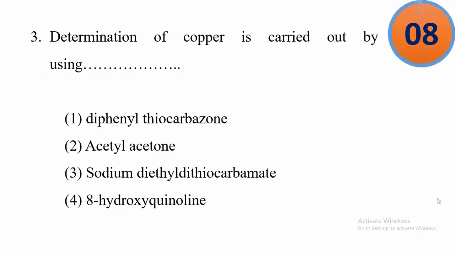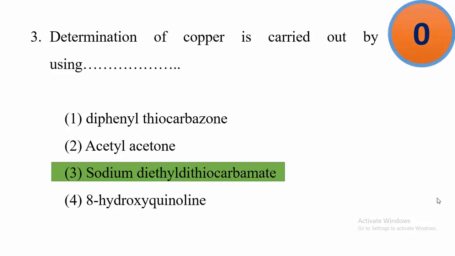Determination of copper is carried out by using, and the extracting reagents are diphenyl thiocarbazone, acetylacetone, sodium diethyl dithiocarbamate, and 8 hydroxyquinoline. The correct option is sodium diethyl dithiocarbamate, because copper is extracted by using sodium diethyl dithiocarbamate.